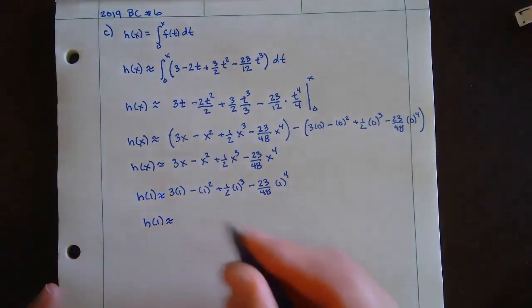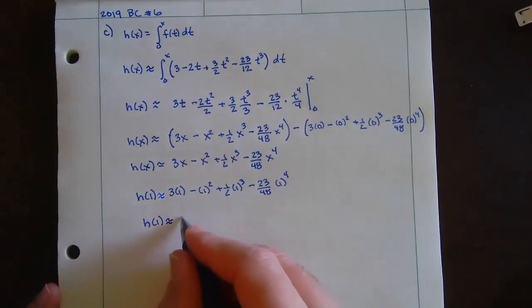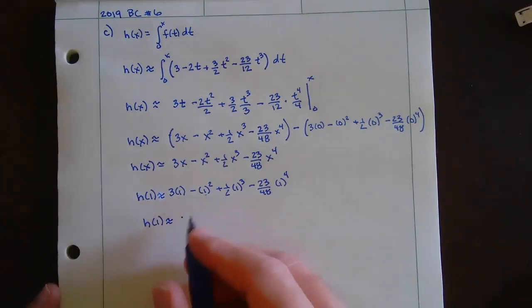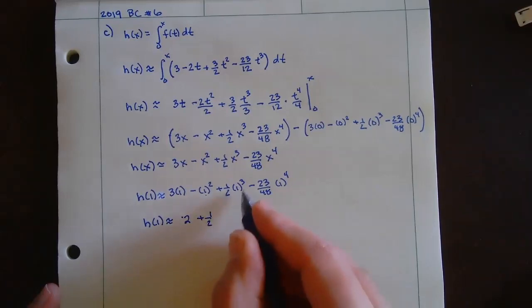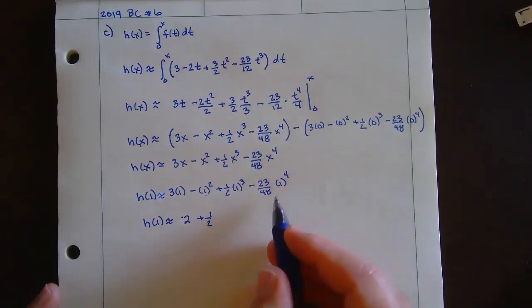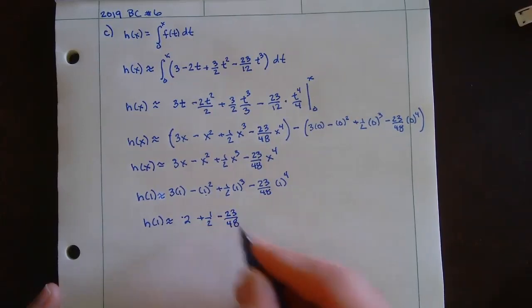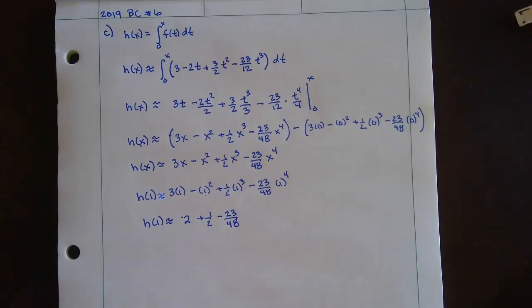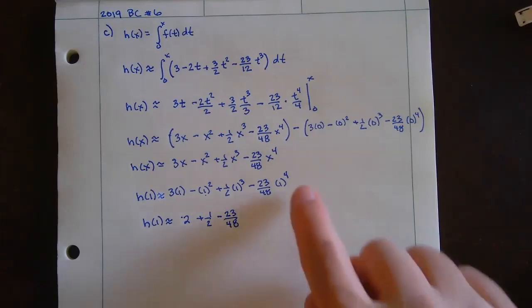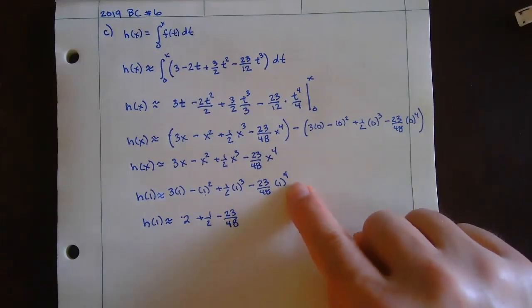Okay, so h of 1 would be 3 minus 1, which is 2, plus 1/2, because 1 cubed is 1, times 1/2 would be 1/2, and minus 23/48, right? Okay, and I would stop there, okay? Actually, I would tell you the truth. Right here would be the approximation, and that'd be good enough, okay?